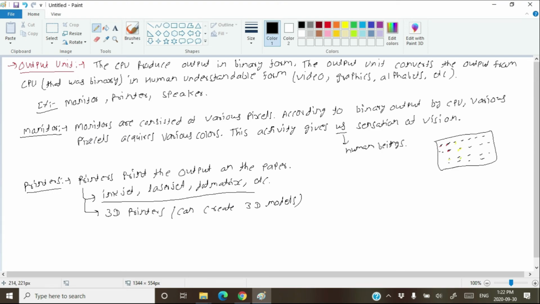And one more point I want to tell you about the monitor: for visually challenged people, we have a special kind of monitor called Braille monitors.